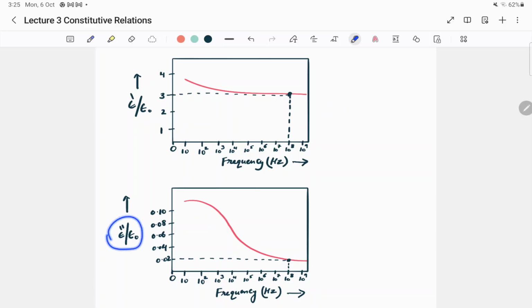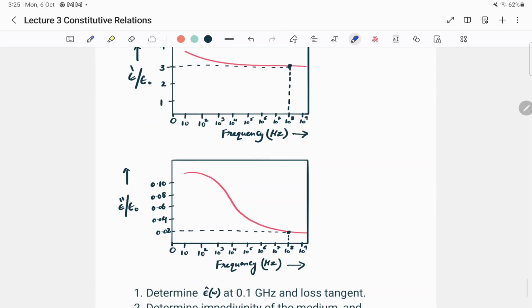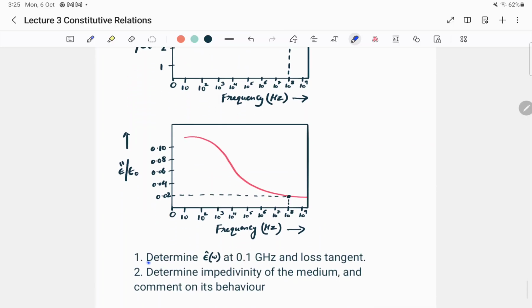Similarly, normalized epsilon double prime is also plotted as a function of frequency. You have to determine epsilon cap, that is the complex permittivity of the medium at 0.1 gigahertz, and determine the loss tangent. The second question is to determine the impedivity of the medium and comment on its behavior.